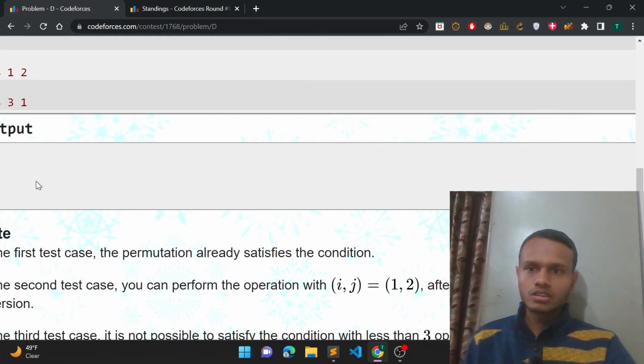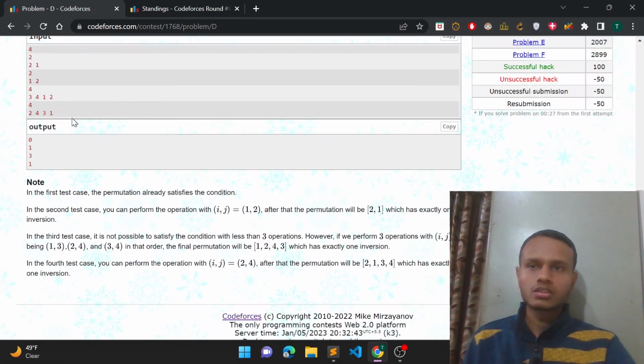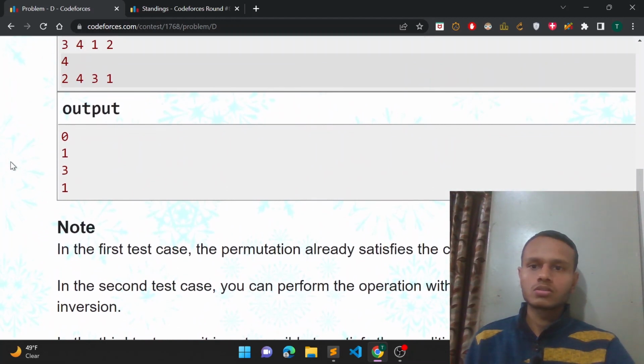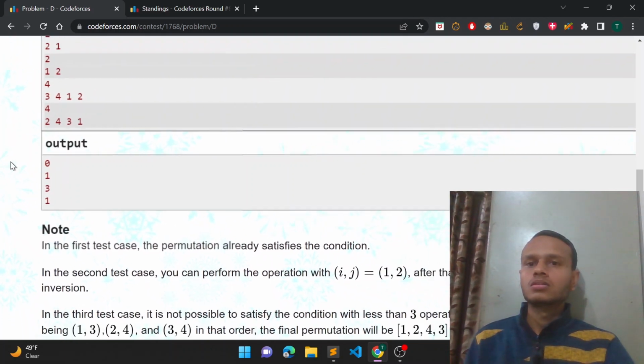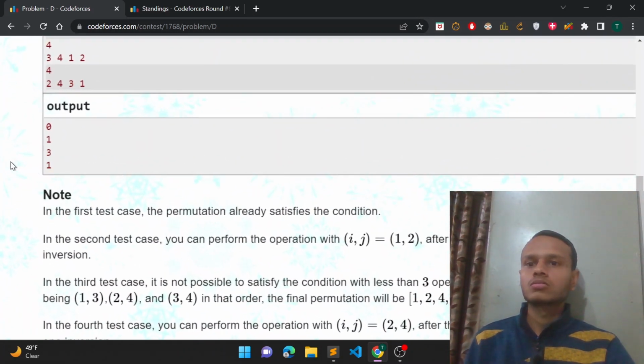I think the maximum that the answer can be is n minus 1 always. It cannot be more than n minus 1. That being said, it cannot be more than n minus 1.